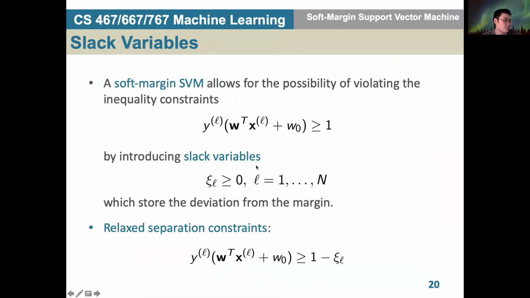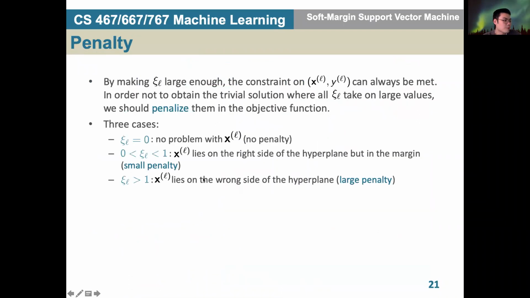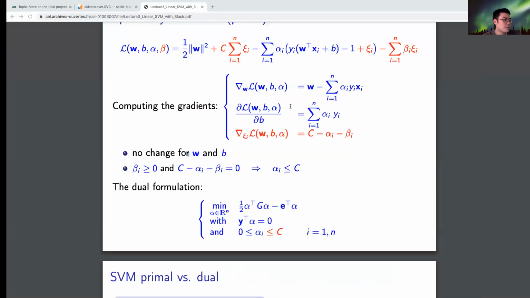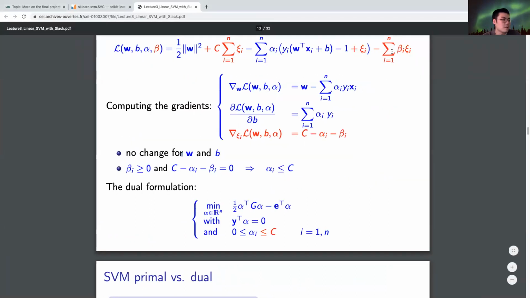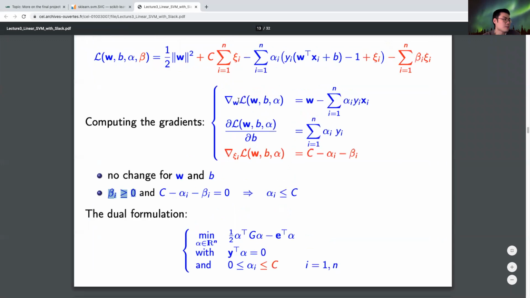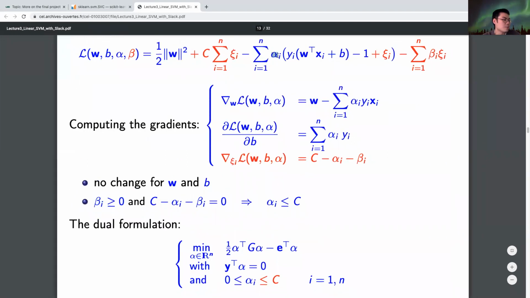Because this is a constraint, and this constraint is not an equality constraint. This is an inequality constraint. Then our Lagrange variable should be larger than 0, just like what we described before, like the alpha i.